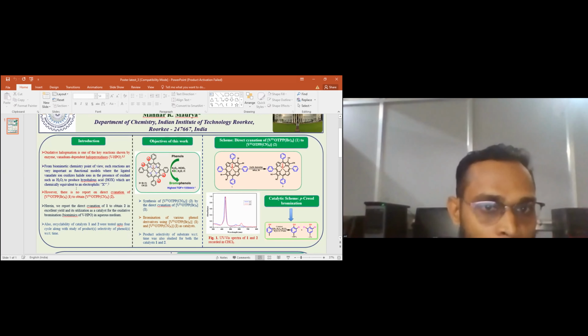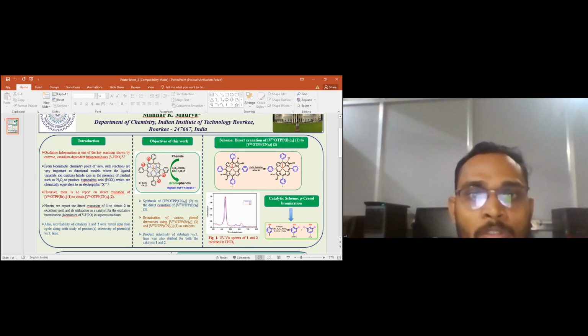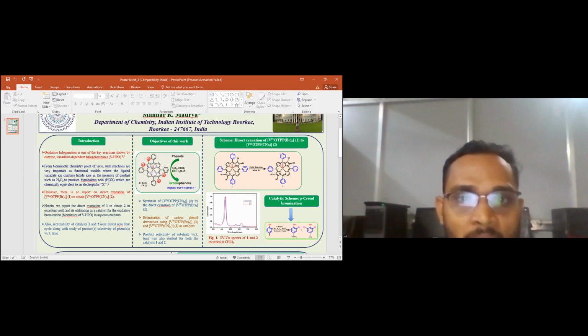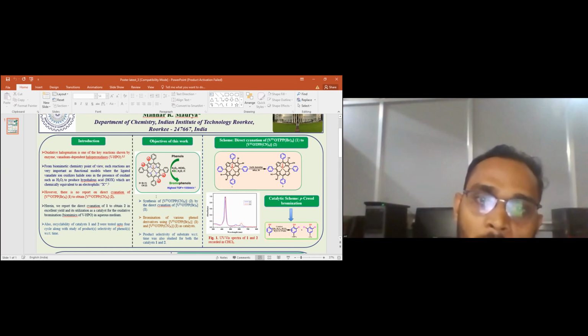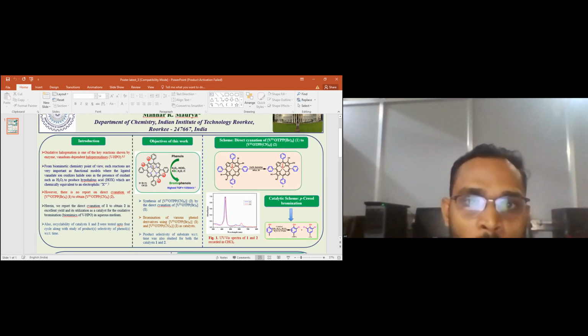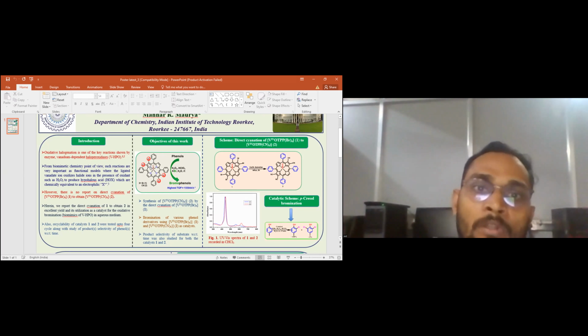My main perspective of work is to synthesize tetrabromo and tetracyano based porphyrin, which can be used for the bromination of phenol derivatives. This type of catalyst has also been noticed to have very high activity for this kind of catalytic reaction.